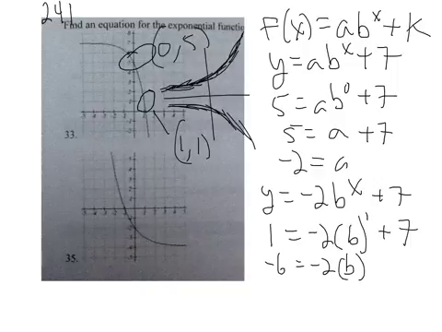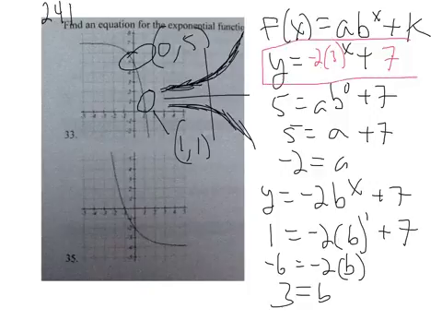Then I divide by negative 2. That tells me b is 3. So I think the equation for this graph is y equals negative 2 times 3 to the x plus 7. Okay, so that's number 33.